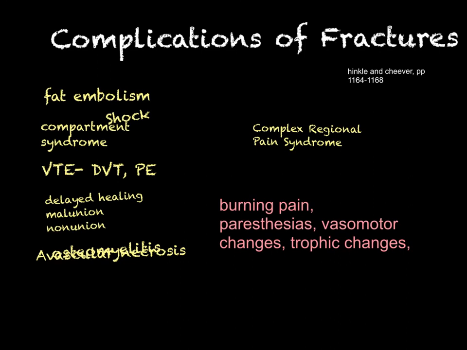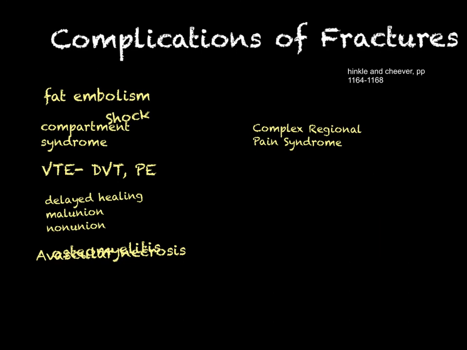So the way that we manage it, your book talks about external fixator devices. That certainly is not within the realm of nursing scope of practice. But things that we can do for this patient are to elevate, and we can administer medications.